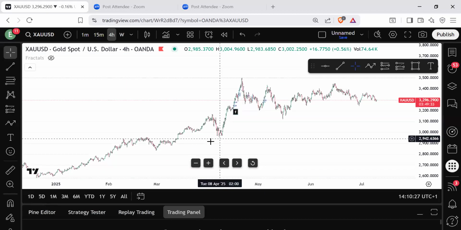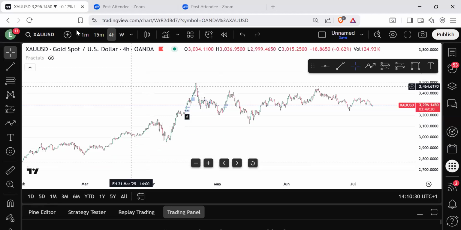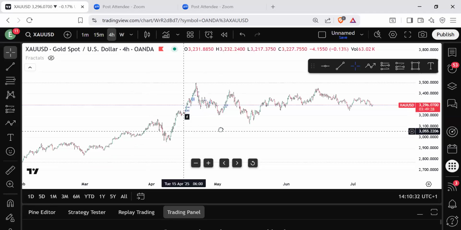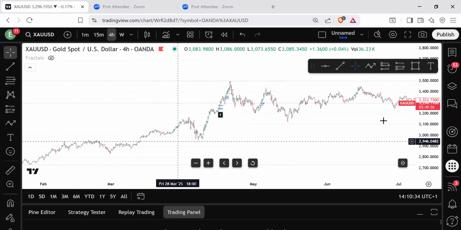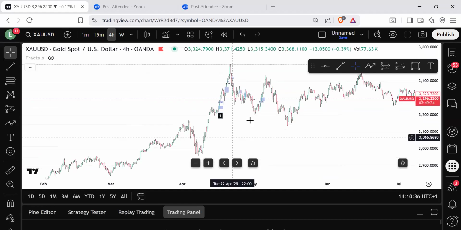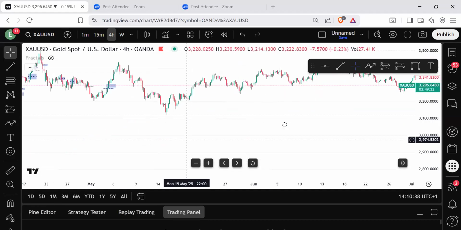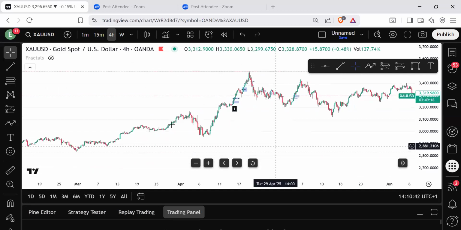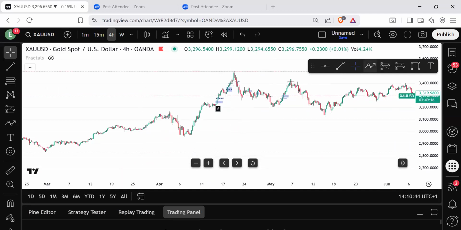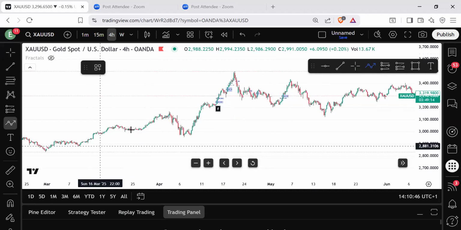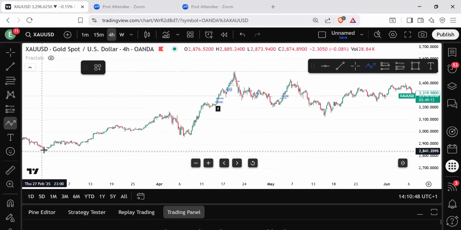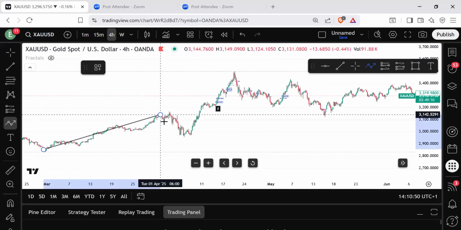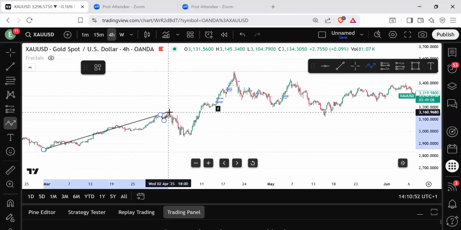Okay, so this is gold on the 4 hours. I'm just going to do a quick marking of the structure. You can see a lower low here, because we had this inducement.